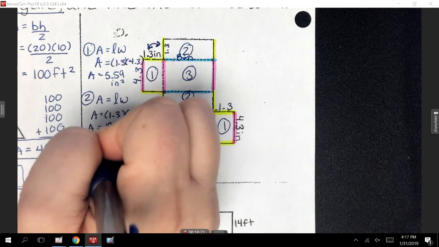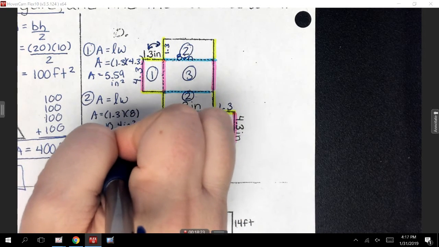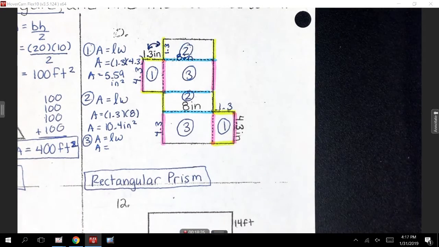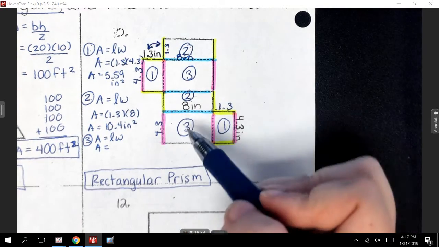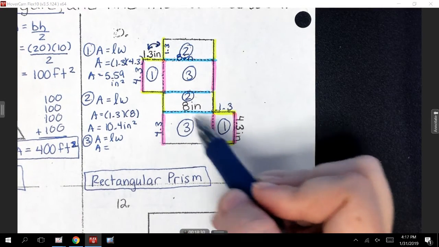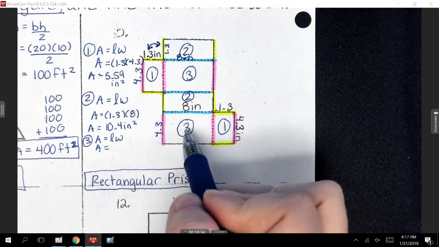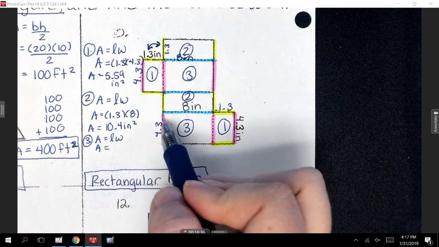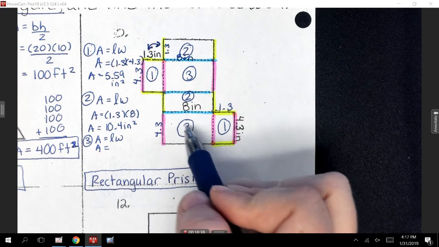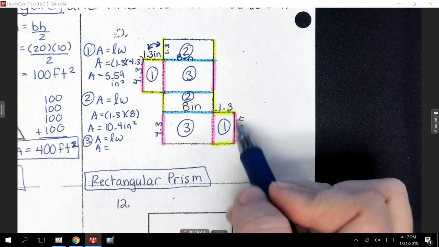All right, and let's see if I can fit 3 over here too. A equals LW. So now I need to look at shape 3. Because I've written my other numbers in there, I can see my 8 up above. There's the 8. And I know my 4.3 because it matched here. If you didn't write that in, remember you can look all the way over here to the side where it gave it to you.